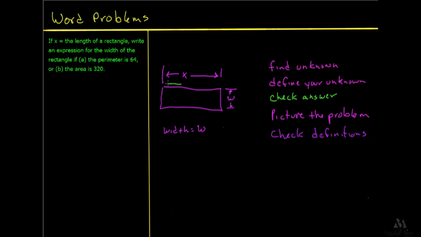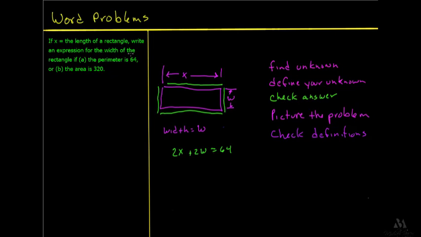So we've got this plus this plus this plus this equals 64. We've got one width here and one width there. We get 2w, and we've got an x here and an x there. So we would say that 2x plus 2w equals 64. So the perimeter is 64.